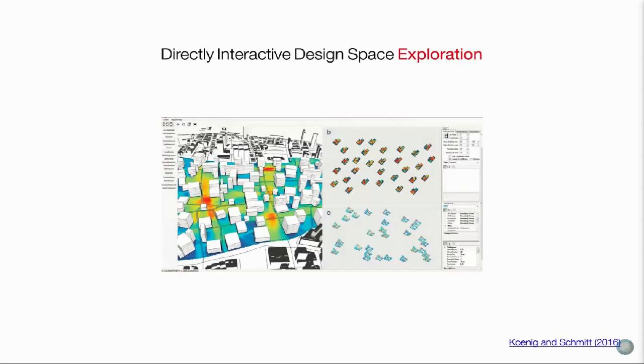Well, we've had design space exploration for a very long time. My colleagues, Reinhard Koenig and Gerhard Schmitz, worked from 2016 doing alternative layouts for city blocks where they used self-directed, self-configuring maps to sample a design space and create a large design space of alternatives automatically and present back to you some kind of display where you were free then to look at the display and to choose the one you wanted to go forward with.